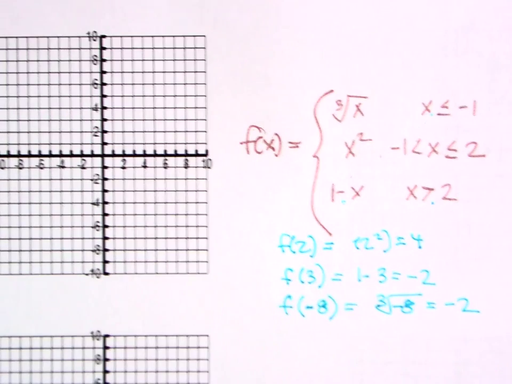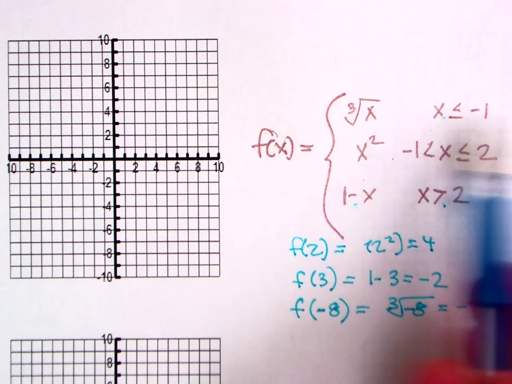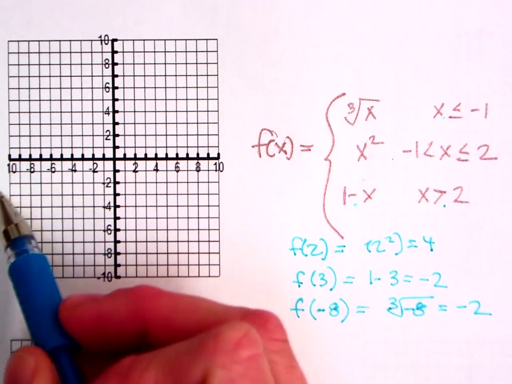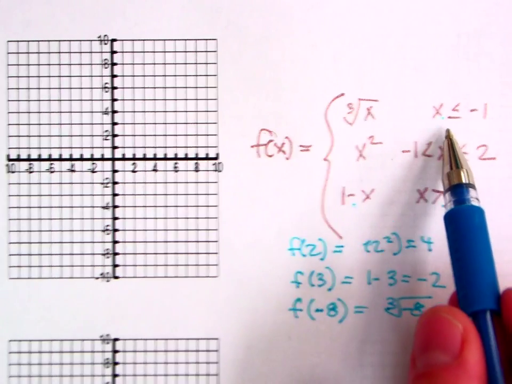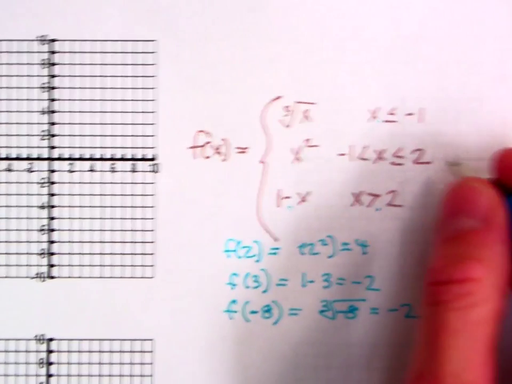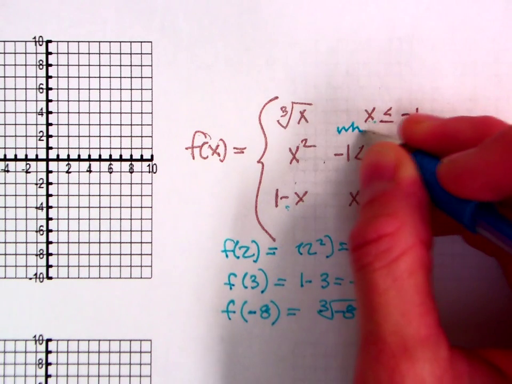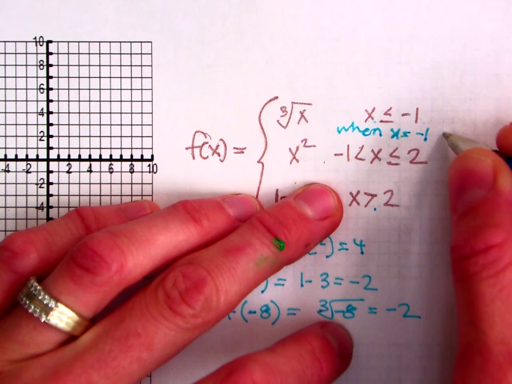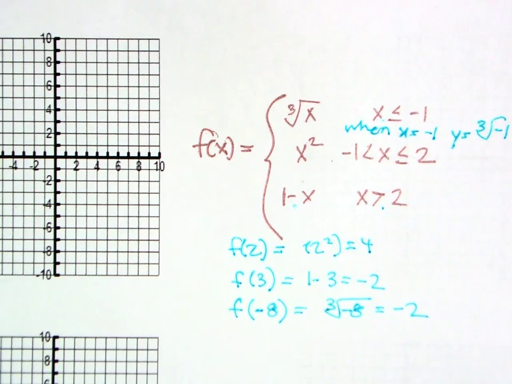So if we look at the first piece, this is the cube root of x, and this has a shape like this. But I only want it for x less than or equal to negative 1. So basically what I'm going to do is plug in negative 1 into the function to find out where my starting point is. When x equals negative 1, y is the cube root of negative 1, which is negative 1.